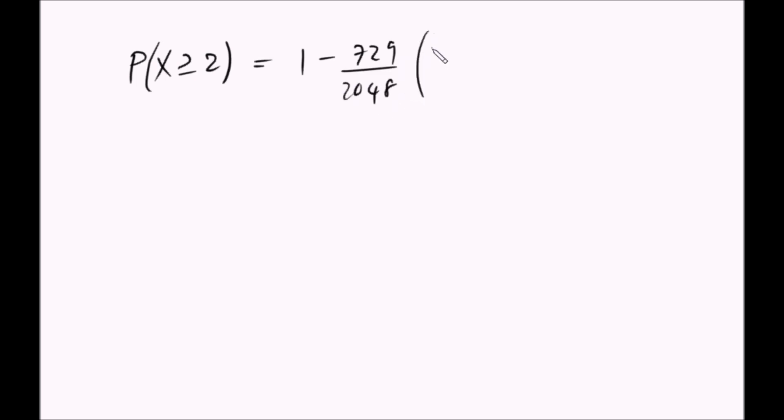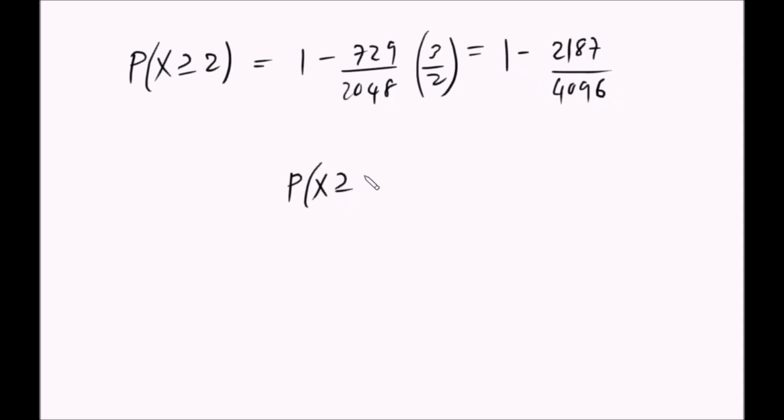We get the probability kwamba itakuwa 1 minus 729 over 2048 times 3/2, ambayo itakuwa 1 minus, so it's gonna be 3 times 729 ni 2187 over 4096.